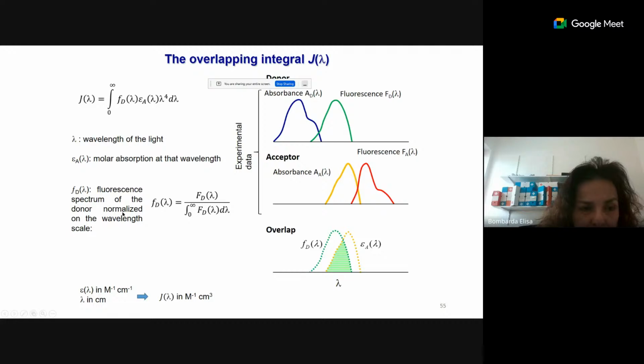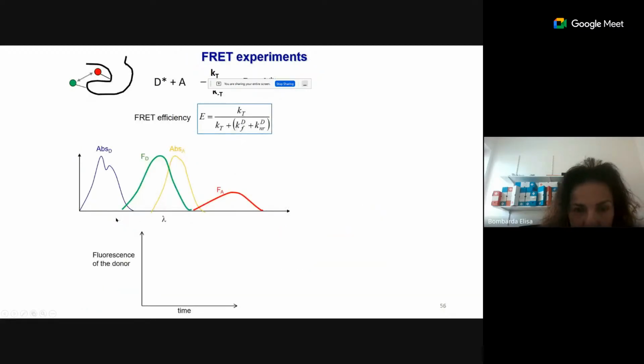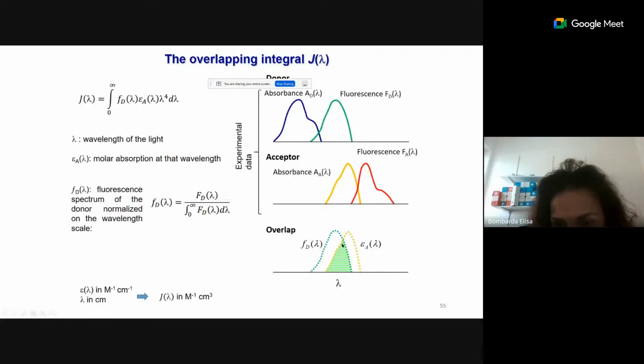And we can calculate the area of the overlapping region between the fluorescence spectrum of the donor normalized on the wavelength scale and the extinction coefficient.